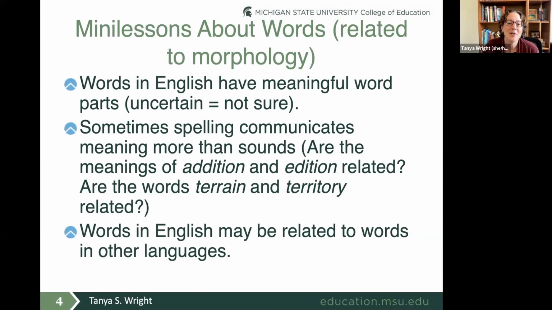So for example, if we say addition or edition, A-D-D-I-T-I-O-N, E-D-I-T-I-O-N, that might sound really similar, but it's only looking at the spelling that really tells us that these probably come from some different roots because they look different. So something that kids need to know is you've got to look at how it's spelled as well as how it sounds, right?